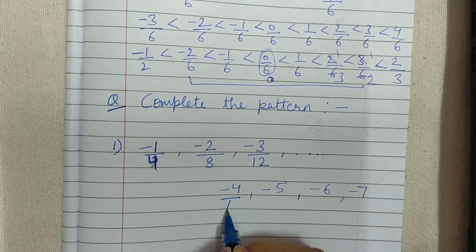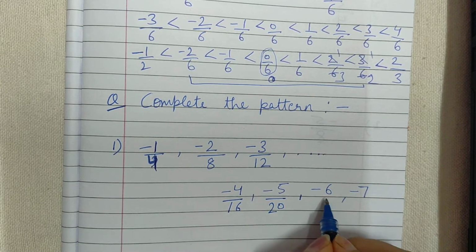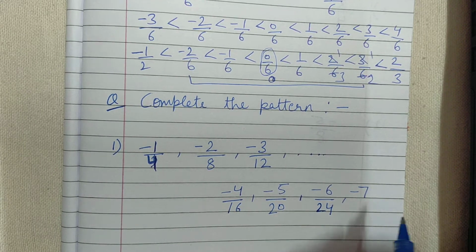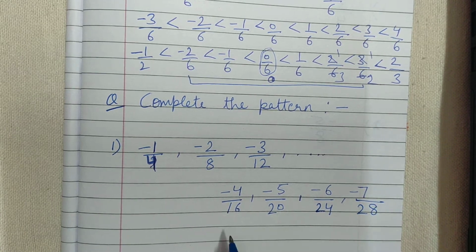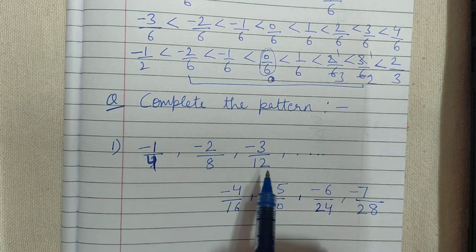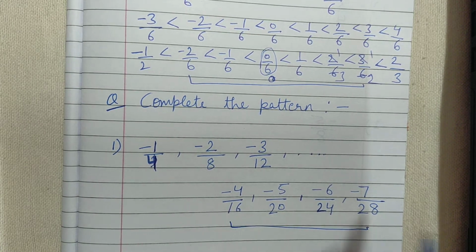So it will be 16 in the denominator, then 20, then 24, then 28. This way we have to check what pattern is going on in the numerator and the denominator, and we have to follow that pattern. You will get these rational numbers.